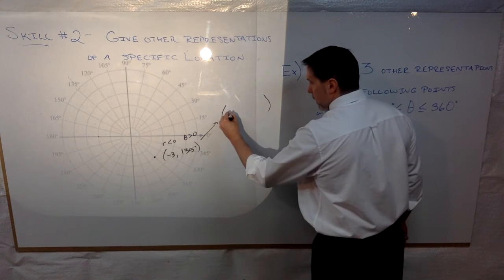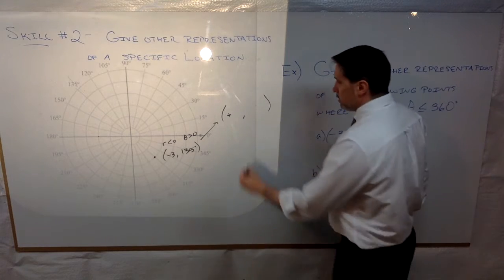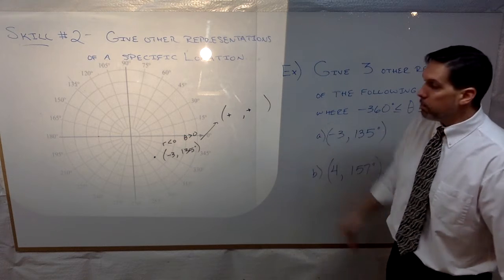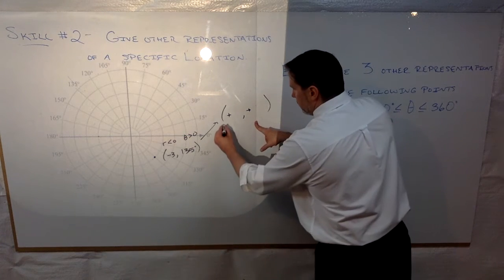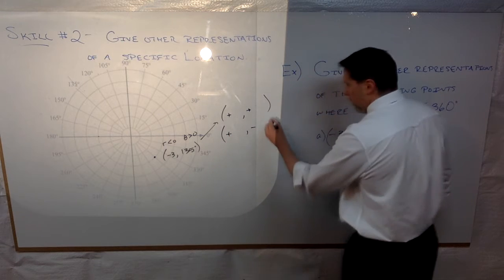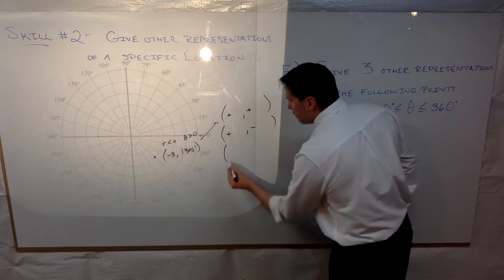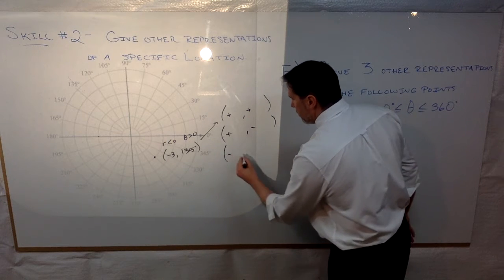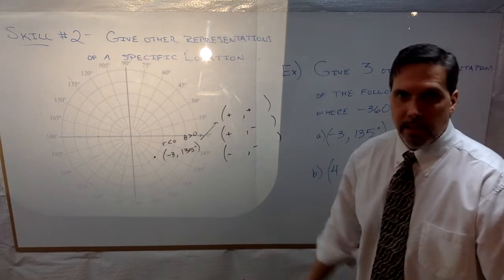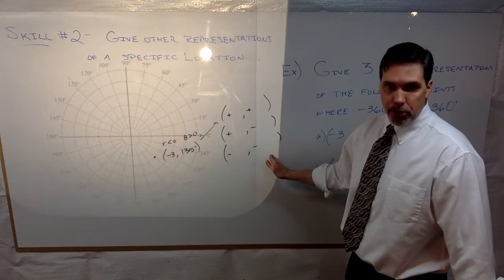Well, there's a positive r, leave space for a number there, and a positive theta, my favorite one, the easiest one, positive r, positive theta. That's one I have to give. I'd have to do a positive r and a negative theta. That's a different combination. And finally, a negative r and a negative theta. That's basically what I'm going to give. And like I said, leave some spaces for some numbers here.